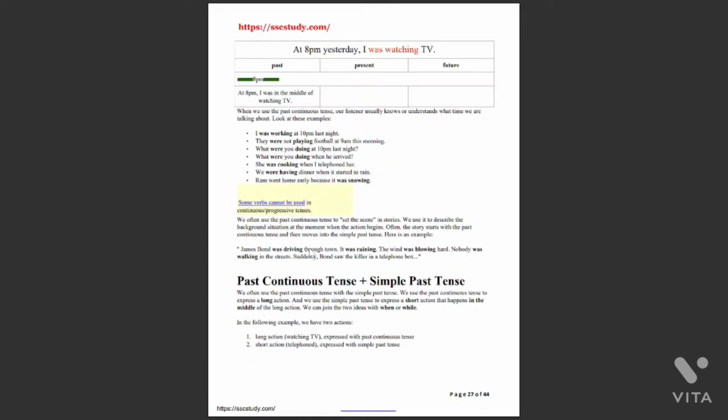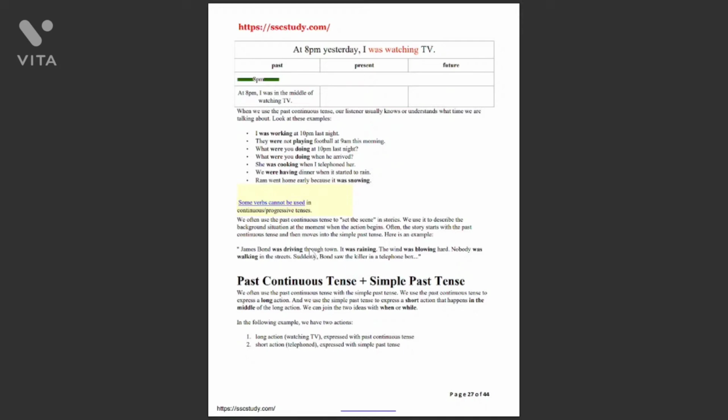We use the past continuous tense to express long actions, and we use the simple past tense to express short actions that happen in the middle of the long actions.